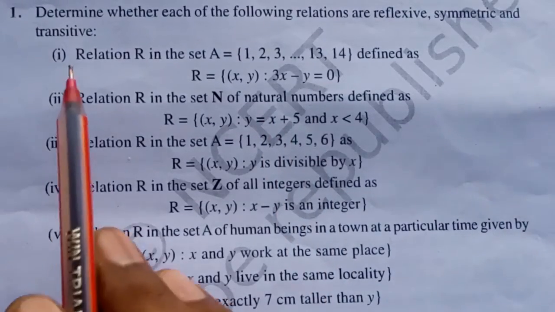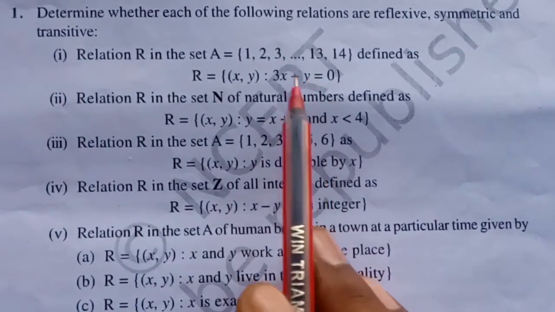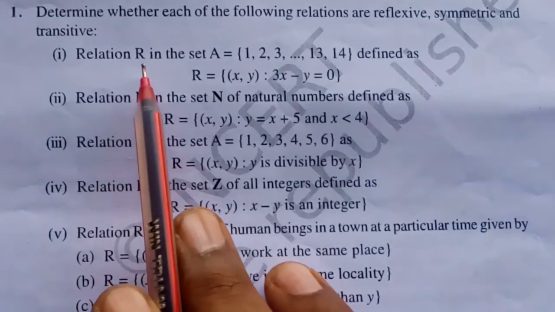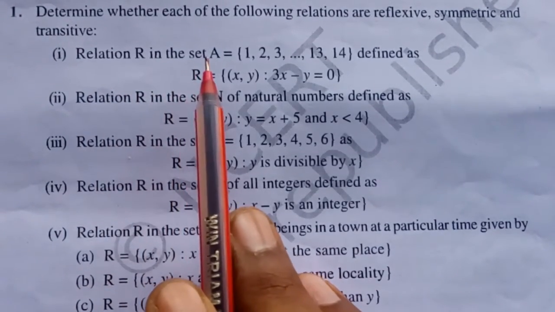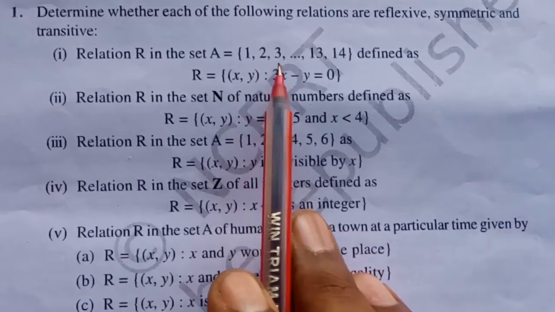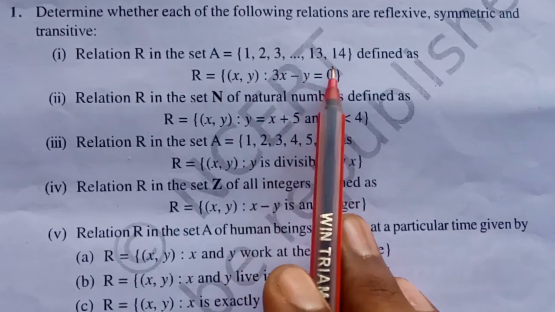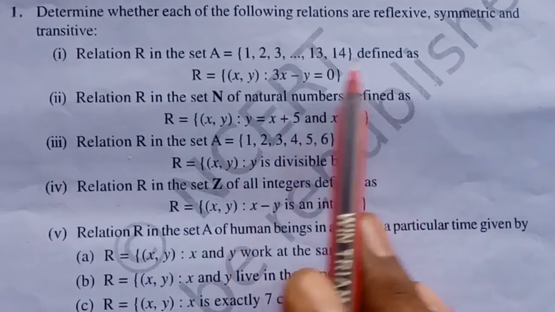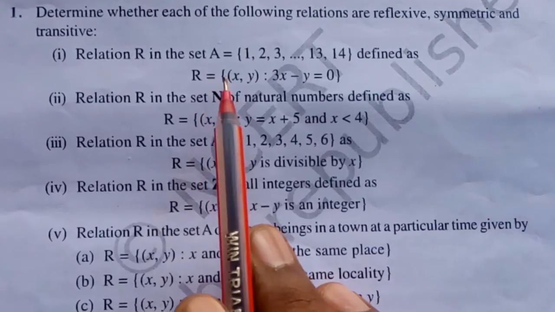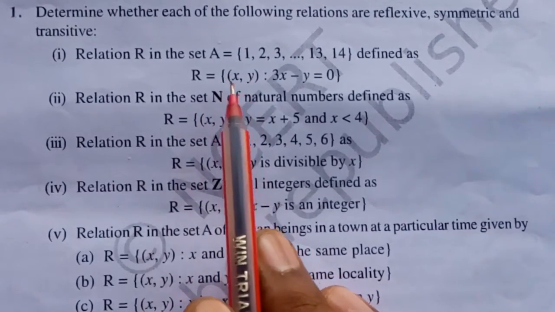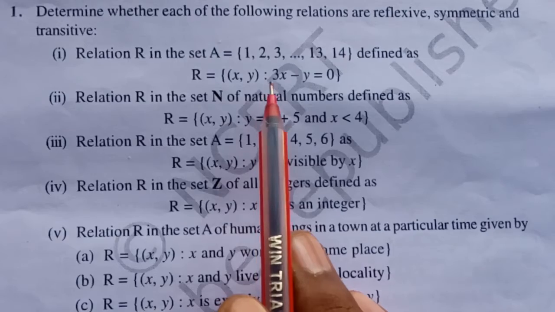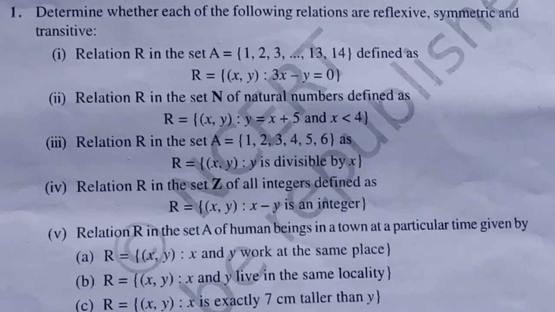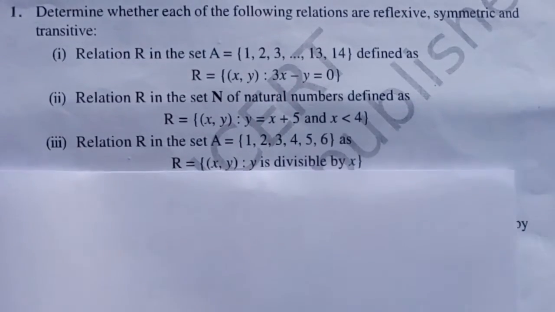There are 5 subdivisions. The first subdivision: a relation R in the set A equal to {1, 2, 3, up to 13, 14}, defined as R equal to the set of ordered pairs (x, y) such that 3x minus y equal to 0.